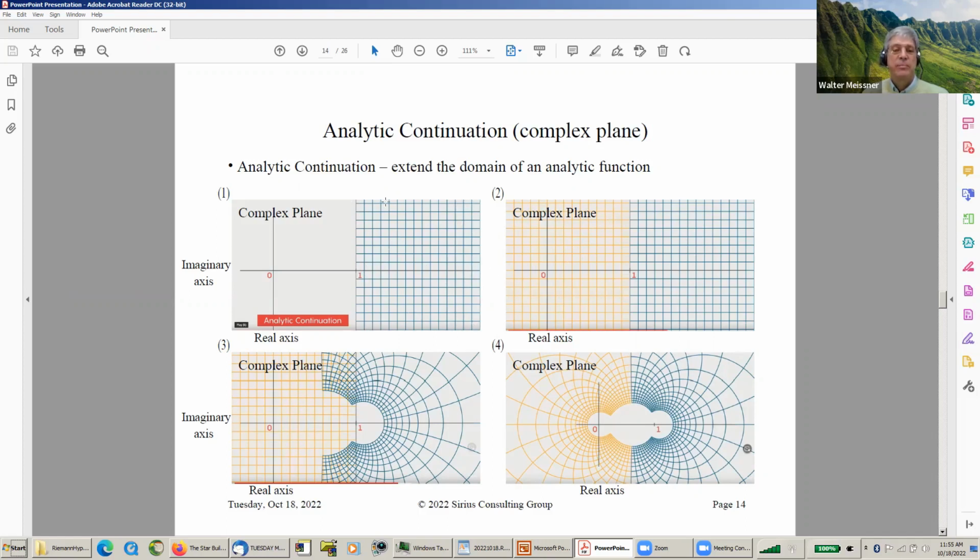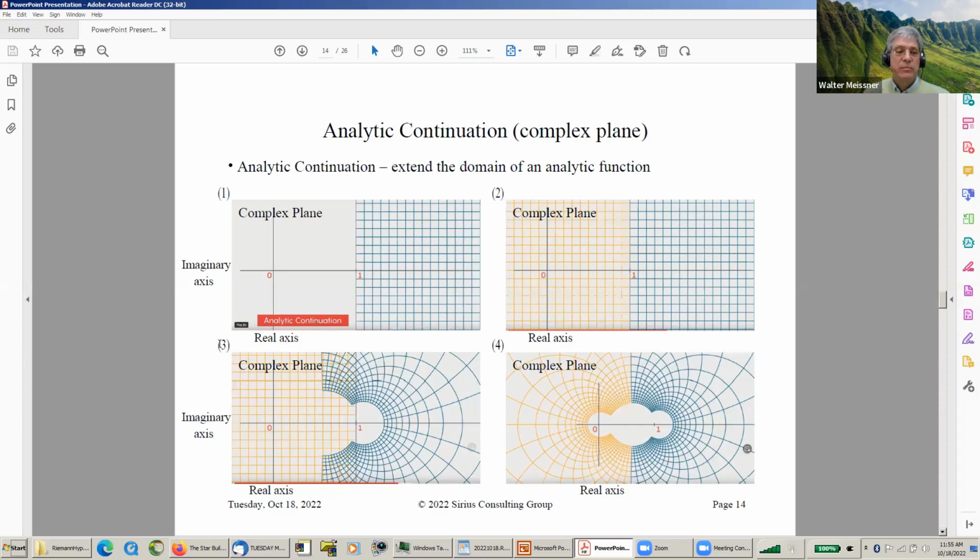You can map points here and compute the zeta function here. And what you want to do is take the points to the left of 1 and extend the grid to the left. All right, so what's needed is to apply analytic continuation.